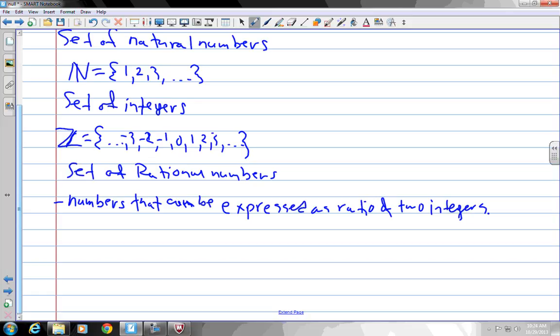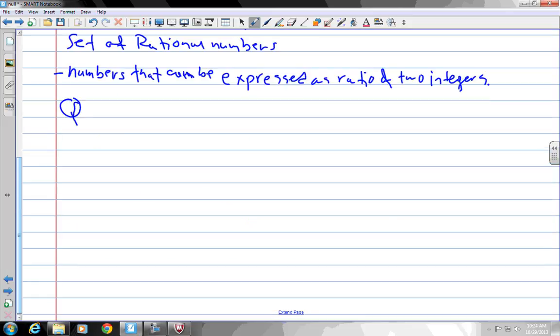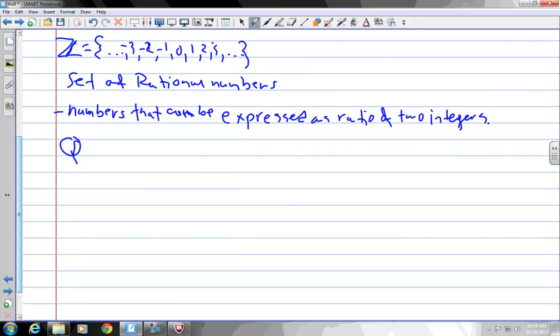So the rational numbers are your fractions, and we use the letter Q with a little twist. It's just we use those to represent those specific sets.